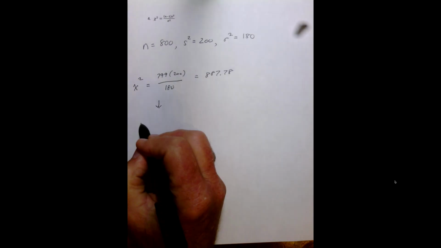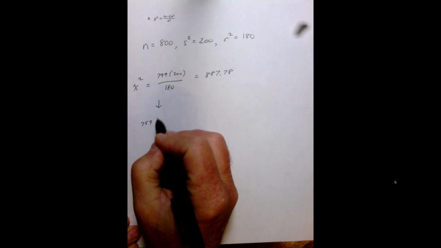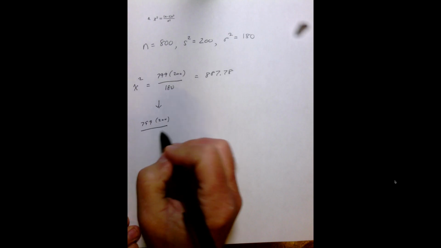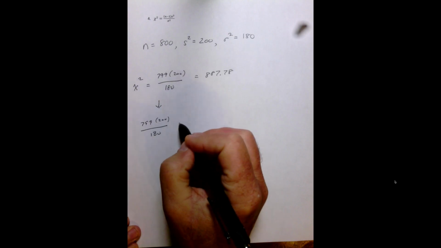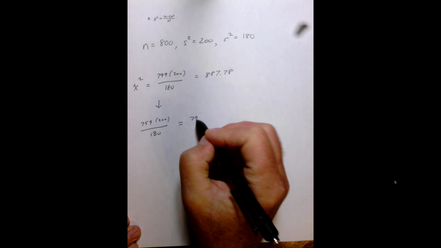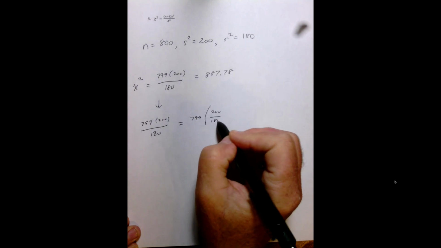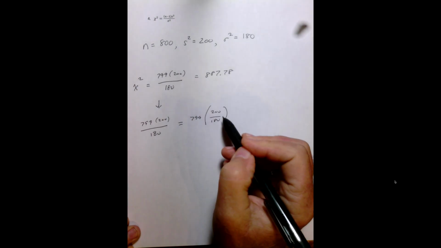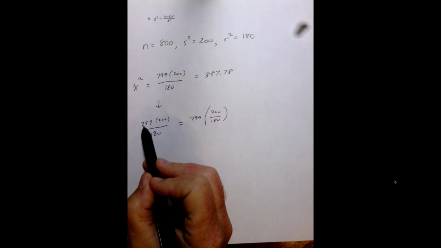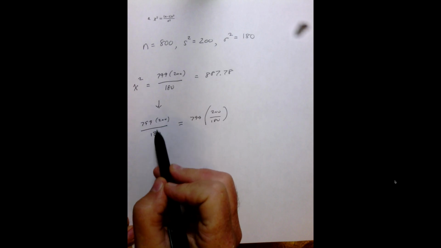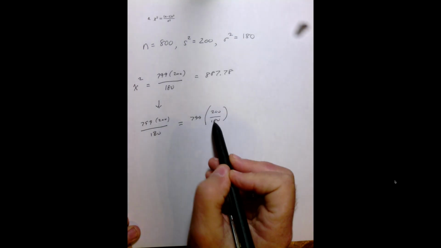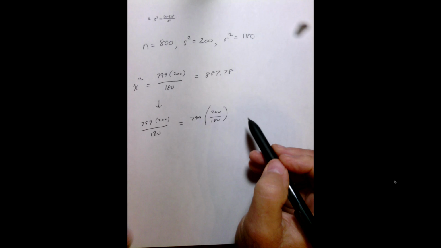If I take 799 times 200 divided by 180, this is the same as 799 times 200 over 180. So the way I enter it in my calculator, if I go this times this divided by this, or this times this divided, it's the same thing. Your calculator understands that order of operations.